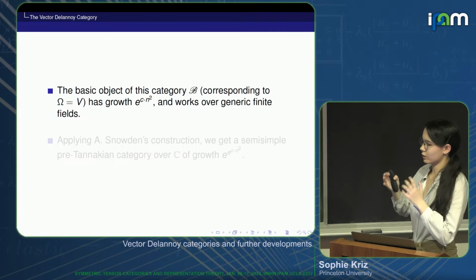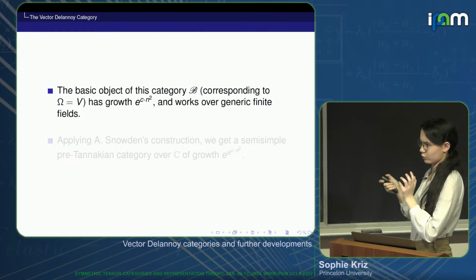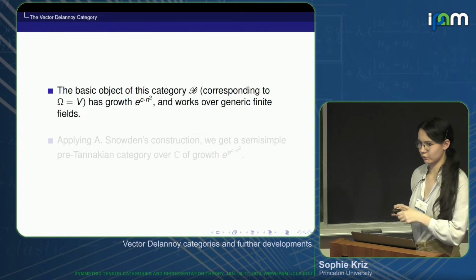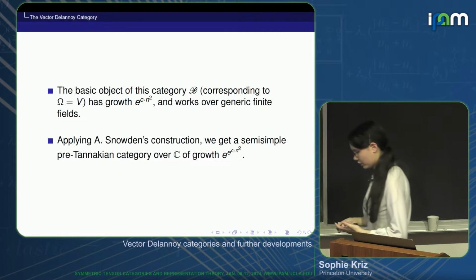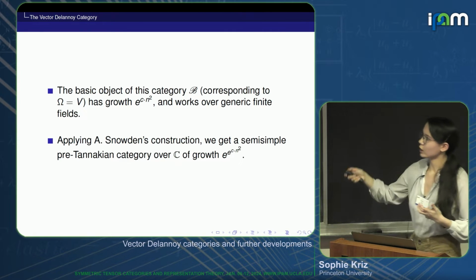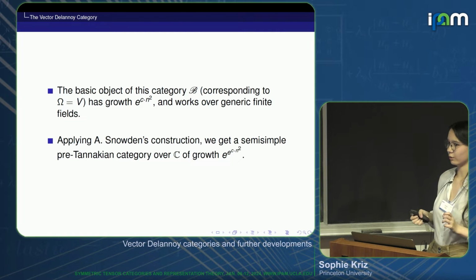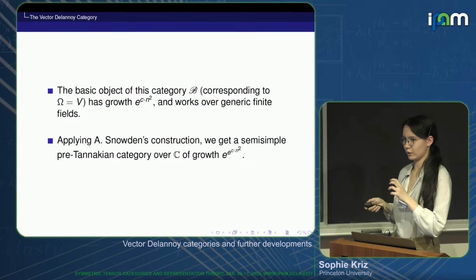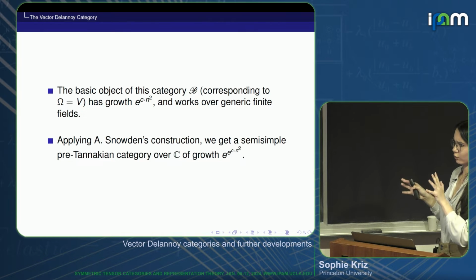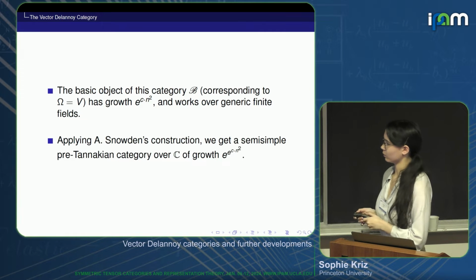And this works now, instead of Knop's category, which I think only works over the complex numbers, this should work over generic finite fields. And so we can apply this linearization and idempotent construction to get a semi-simple pre-Tannakian category over C of growth e to the c times n squared, which to the best of my knowledge is the highest growth known right now, though there may be some developments on that soon.